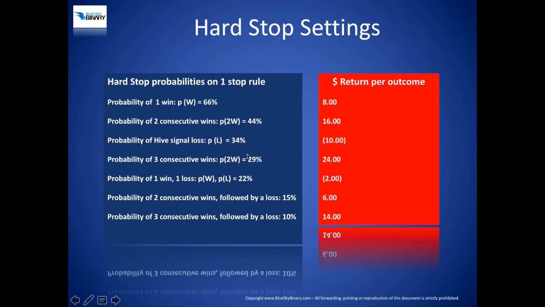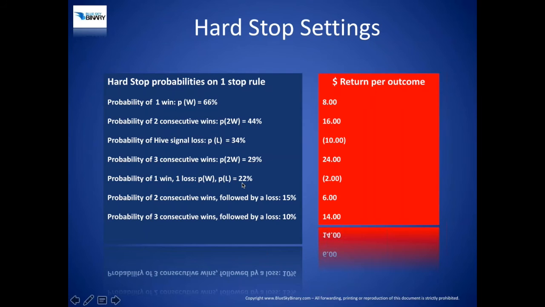If you go down the probability spectrum, you'll see the probability of 3 consecutive wins is 29%. So it's slightly lower than the probability of losing a signal in Hive. So 3 consecutive wins is 30%. The probability of 1 win followed by a loss is 22%.